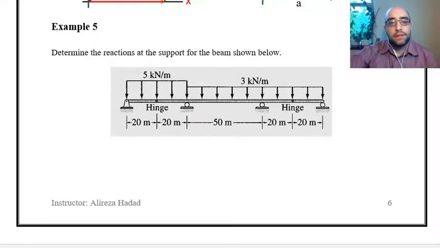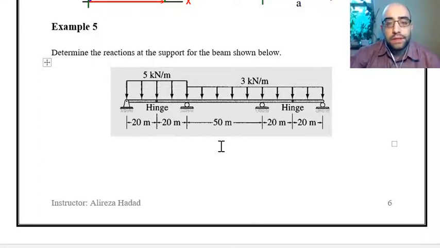Alright. Let's take a look at the next example, which is this beam under these uniform loads, and it also has 5 supports under the beam. Let's see how we can find the reactions in this beam over here.